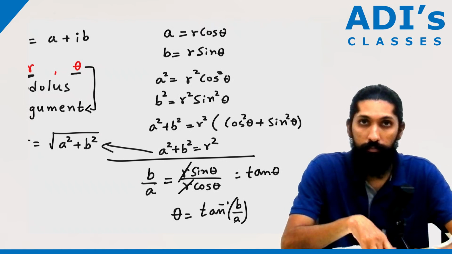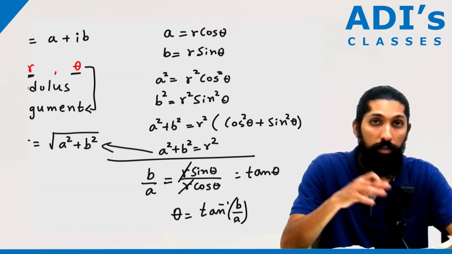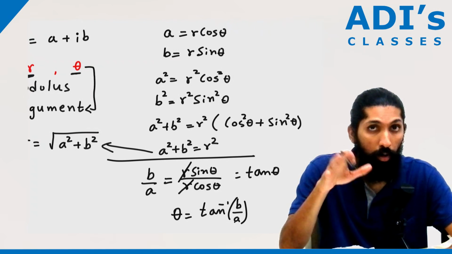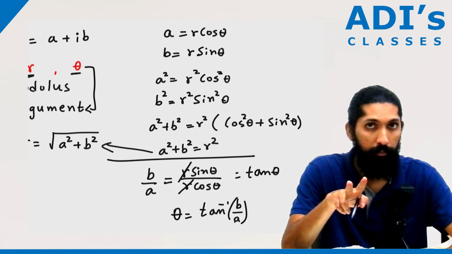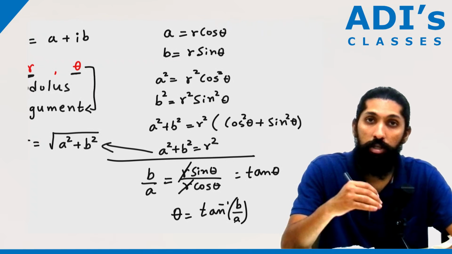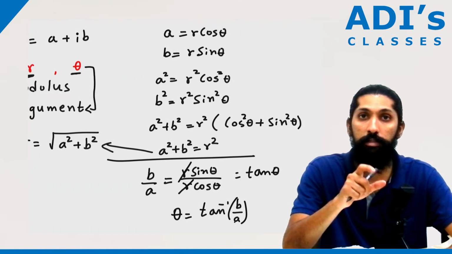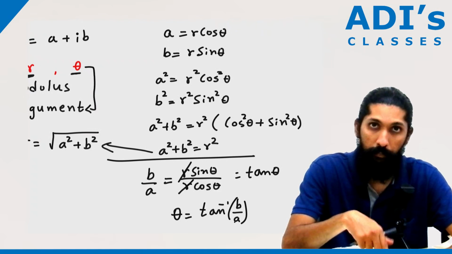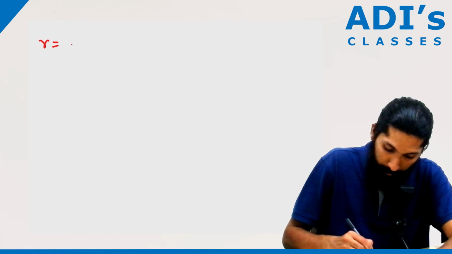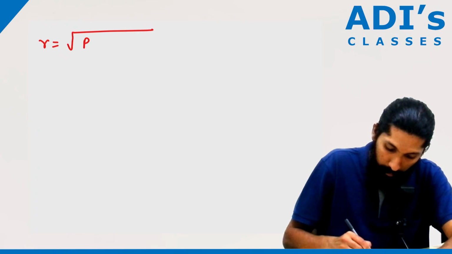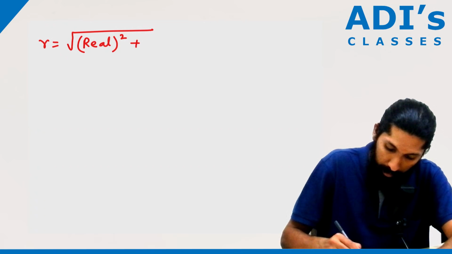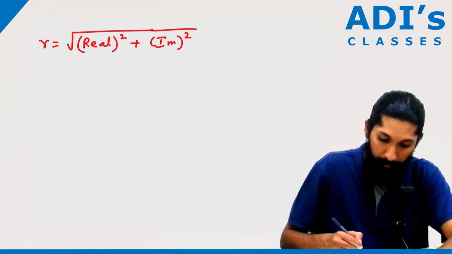So remember, modulus and argument are two important parameters. In general, if you have to write, the r value is root of real number square plus imaginary number square. So let's write this down. r is equal to root of the real part whole square plus the imaginary part whole square.